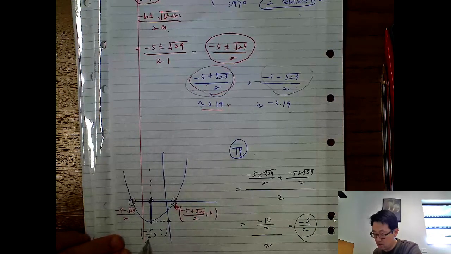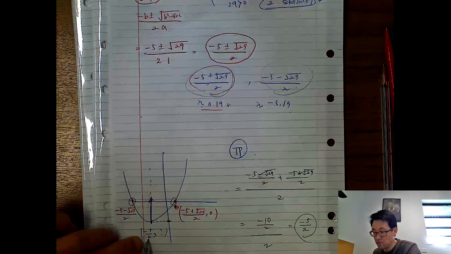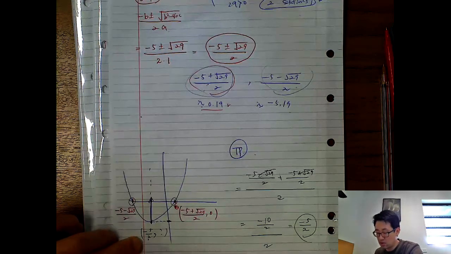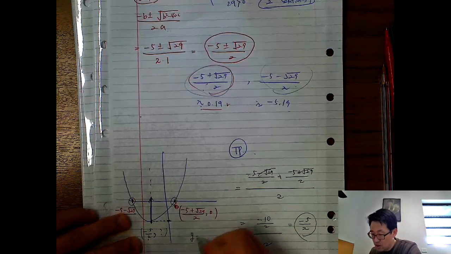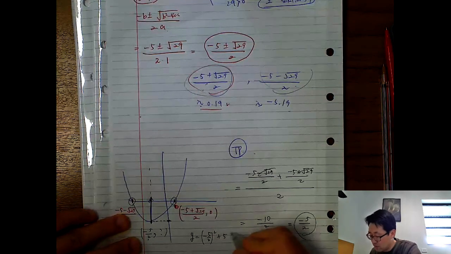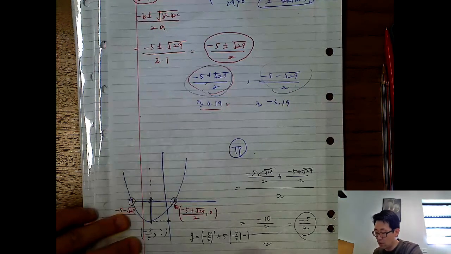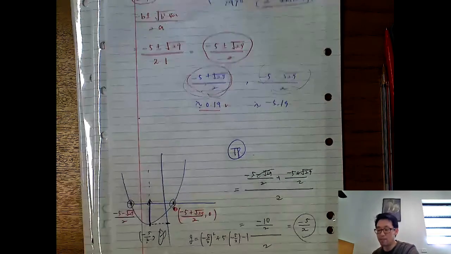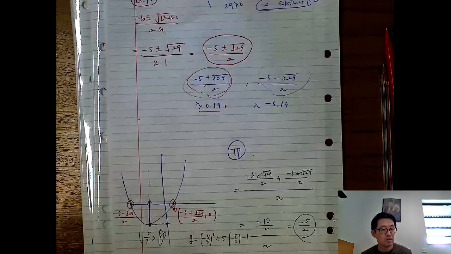How do we get that? We can plug that number into the equation, isn't it? y equals minus 5 over 2 squared plus 5 times minus 5 over 2 minus 1. When you solve it, we will get the y value. That sounds okay?